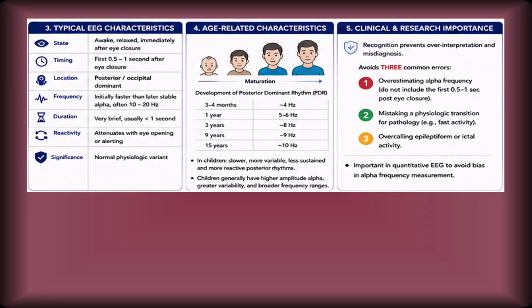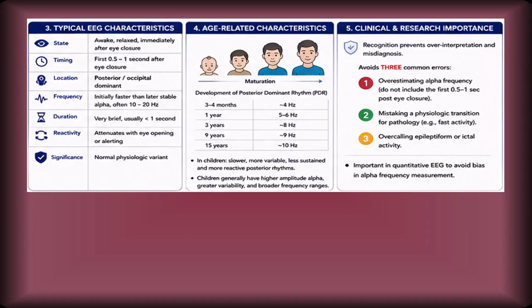The infographic next reviews age-related characteristics. Posterior dominant rhythm maturation is strongly age-dependent. In early infancy, posterior rhythms are slow, typically around 4 Hz. By 1 year of age, they usually reach 5 to 6 Hz. By approximately 3 years, the rhythm approaches 8 Hz.